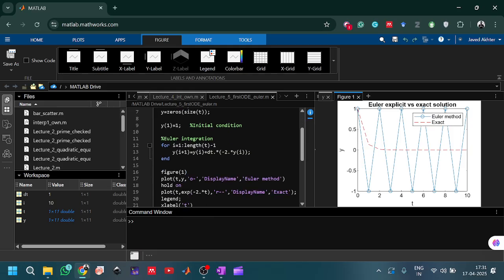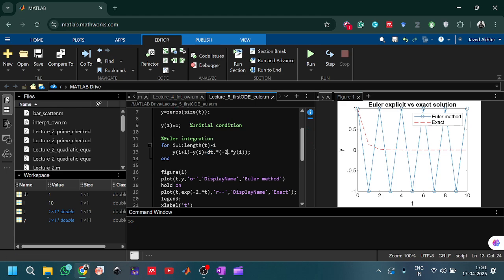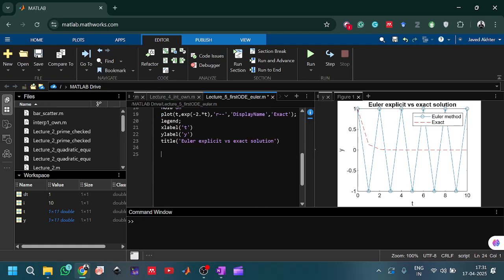Now this is for a simple function. Now you can define a function where you will just write down the form and you can call the function here. So let me do that. Whenever you are having a function, you are telling MATLAB to define a function here, then you have to specify what is the output.